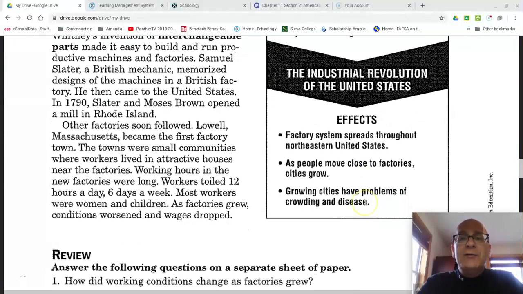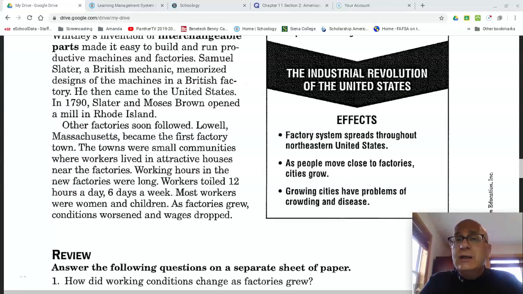But another effect here on the bottom of the chart is that with growing cities, you're also going to have the problems of overcrowding and disease. Actually, it's not mentioned, but you're going to see a great increase in crime. You're going to see increases in violence in large cities as people move there in large numbers. And you're going to see a decrease in the amount of personal space which people are going to have, and living conditions are going to reflect that in many ways.